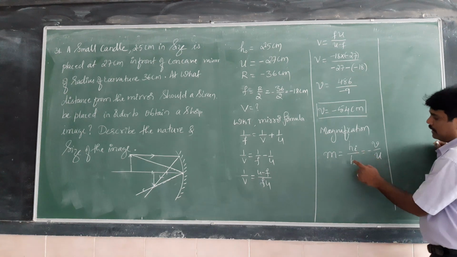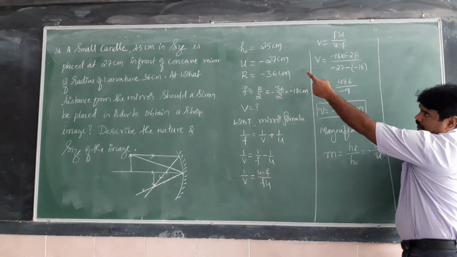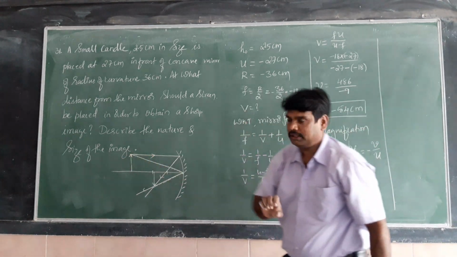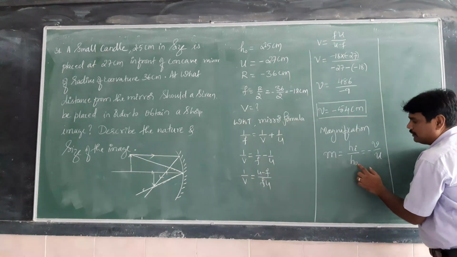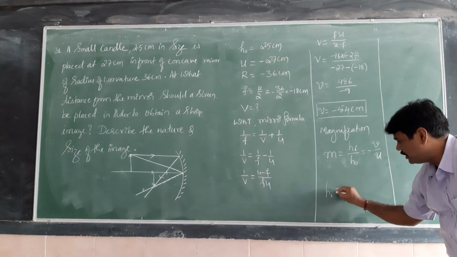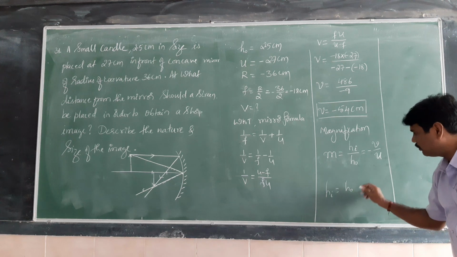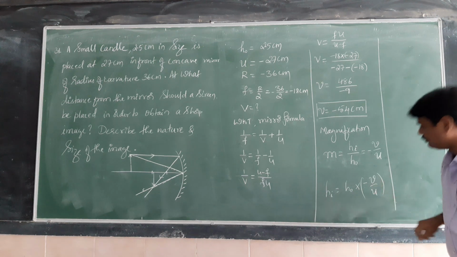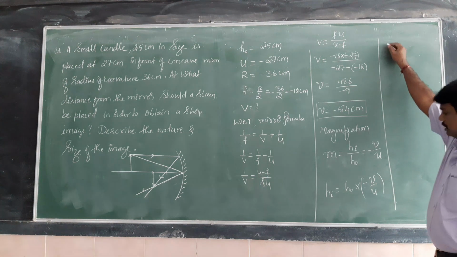The height of the object we know is 2.5 centimeter. Now we want to find the height of the image. So Hi is equal to Ho, the height of the object, into minus V by U. Don't forget to put the bracket.